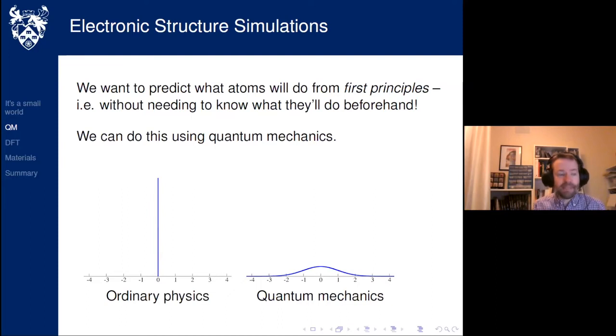I've plotted the probability, remember? But there's a certain probability that it will be nearer to 1 or -1 or 2 or -2. And in fact, it only really becomes effectively 0 as I go quite a long way away from where I just told you this particle was. So in quantum mechanics, particles spread out across space.